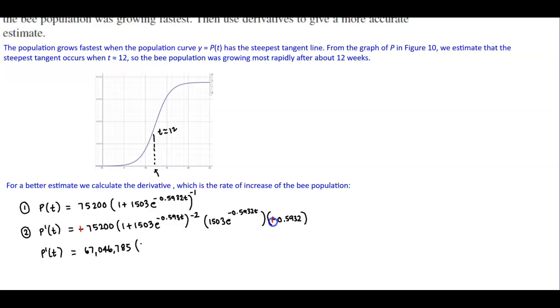Okay, and then that's going to be times 1 plus 1503 e to the negative 0.5932t to the negative 2, and then times e to the negative 0.5932t. And so therefore there is our first derivative.